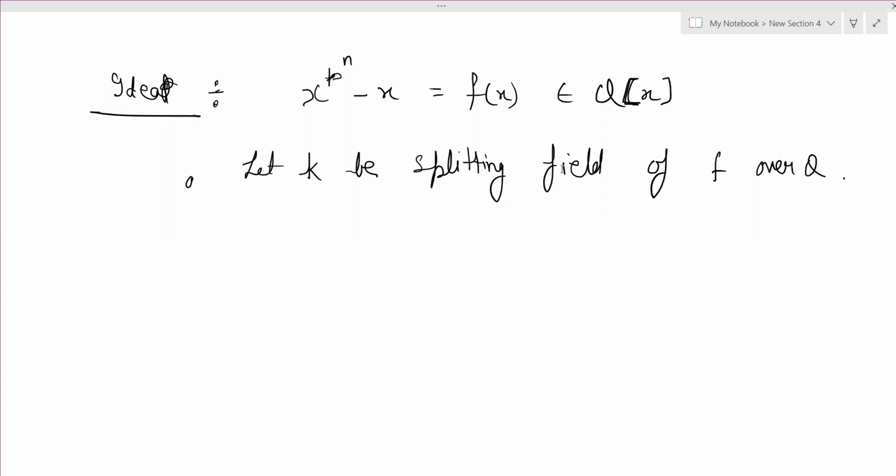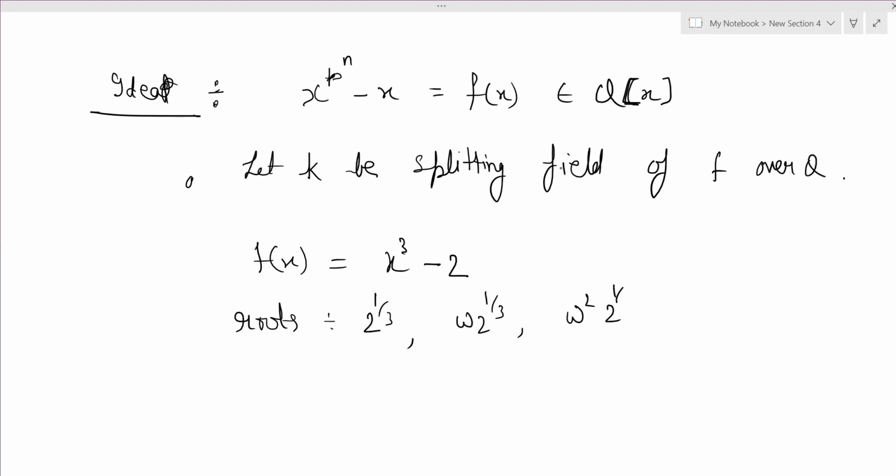Take f(x) = x cubed minus 2. What are its roots? 2 to the power 1/3, omega times 2 to the power 1/3, omega squared times 2 to the power 1/3, right?